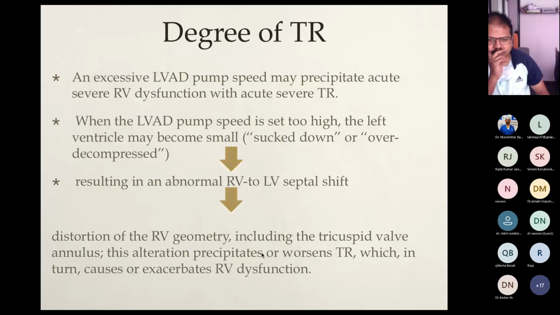The LVAD pump speed is very important. If the LVAD is sucking too hard and the LV cavity is particularly small, then the septum can be shifted to the left side, causing altered geometry of the LV, altered geometry of the tricuspid valve annulus and leaflets, causing more TR. So by echo guidance, we have to optimize the TR.